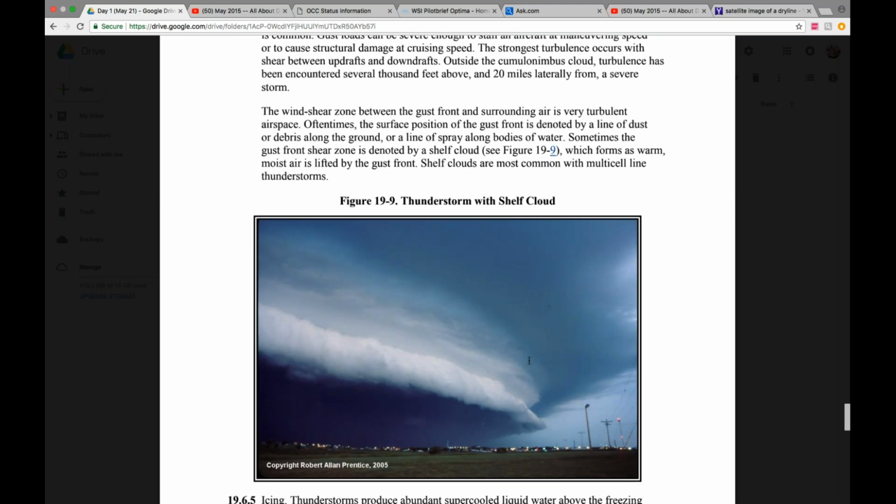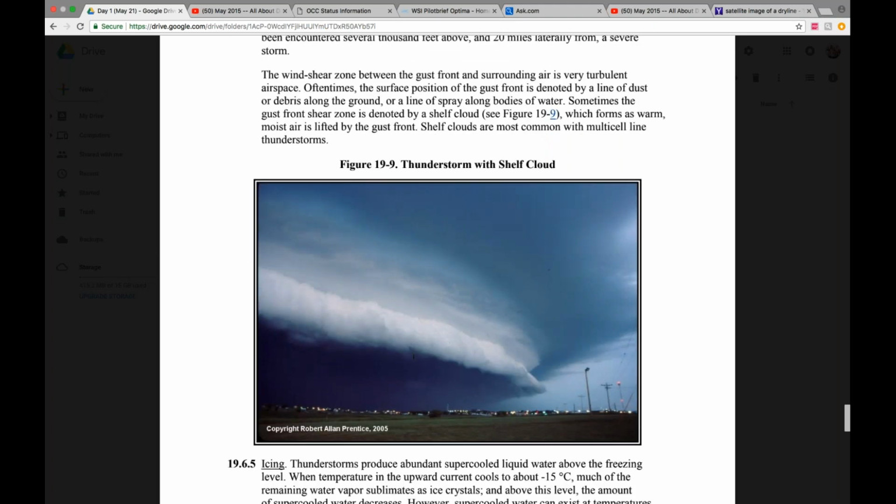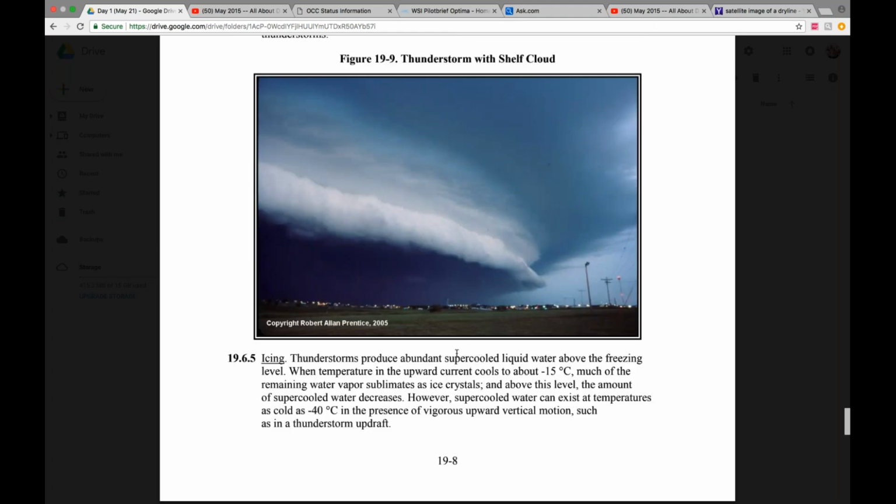So the shelf clouds, right? So this is also part of the thunderstorm. One of the main problems here is the icing. Okay, whenever we have these huge, massive storm cells like this, with the shelf clouds way up high, typically it's going to create those supercooled liquid droplets and cause severe icing problems.